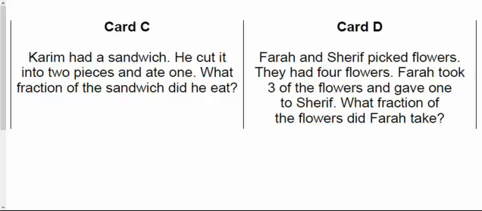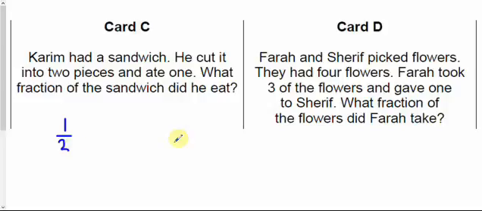Card C. Karim had a sandwich. He cut it into 2 pieces and ate 1. What fraction of the sandwich did he eat? He ate 1 piece out of 2. That's why he ate half of it. Card D. Farah and Sharif picked flowers.